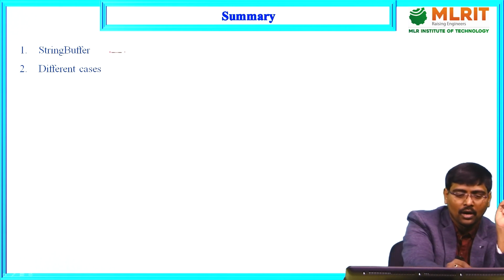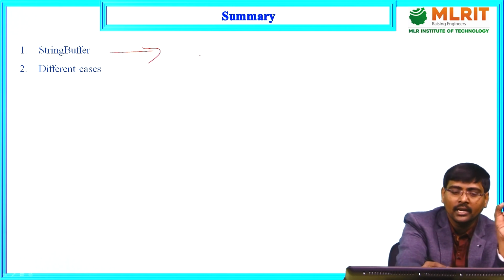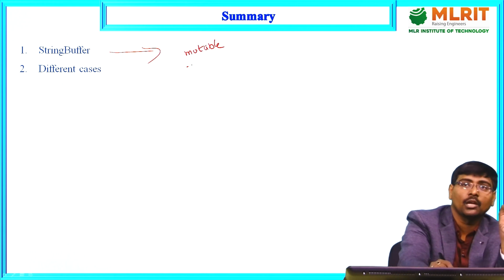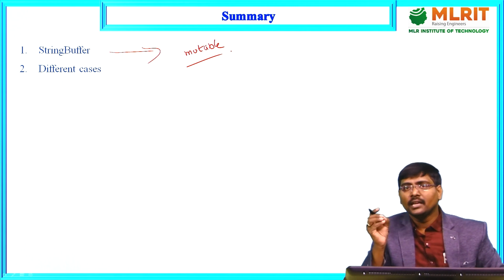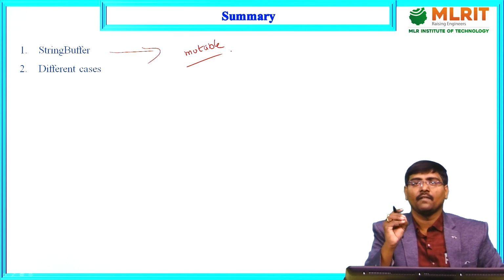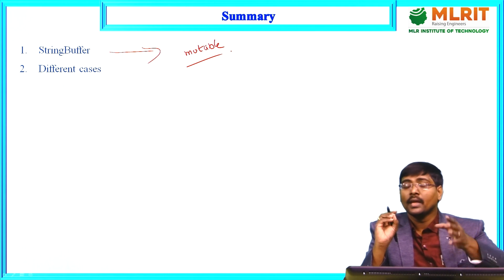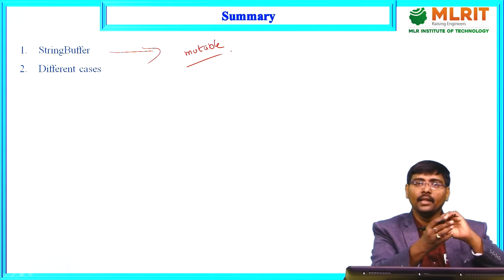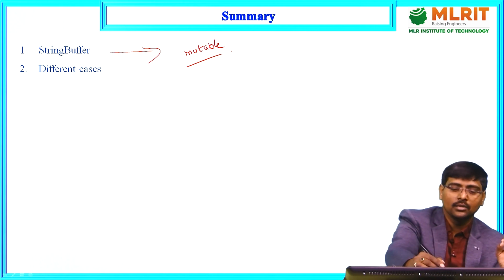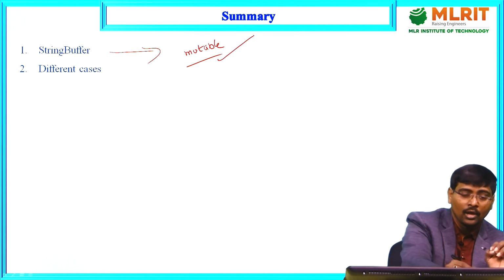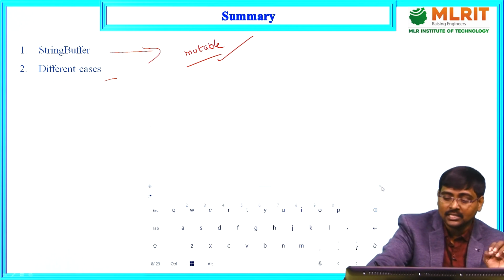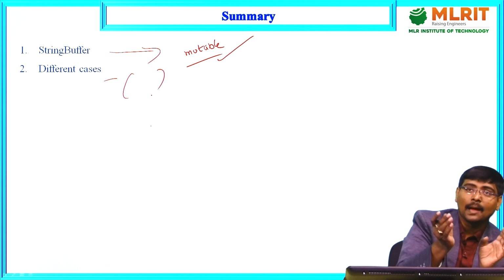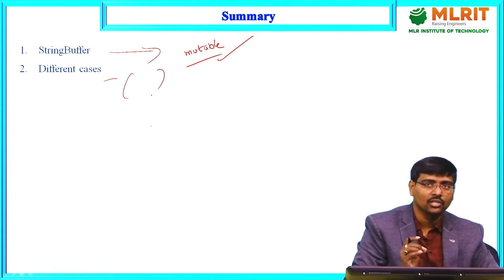Finally, if you are creating the string object by using a string buffer, the objects are mutable. Mutable in the sense it is possible to modify the value after creation. Yes or no? Yes. After creation, I append the string. After appending, the string is modified. So that is successful. Now, what are the different cases? The different cases are mainly based on the parameters of the string buffer constructor.